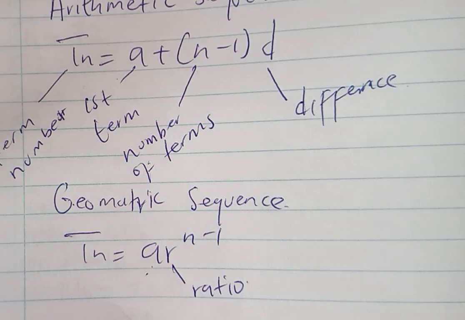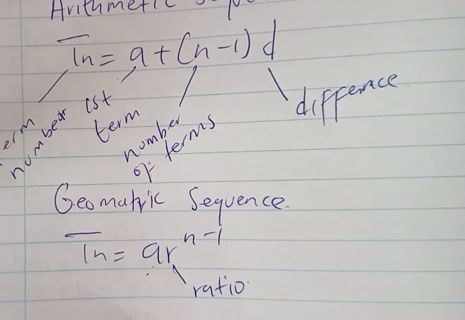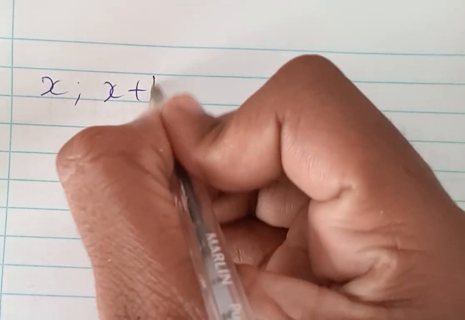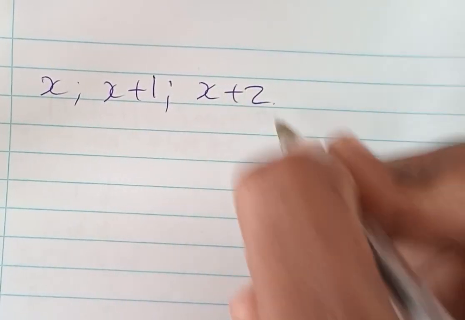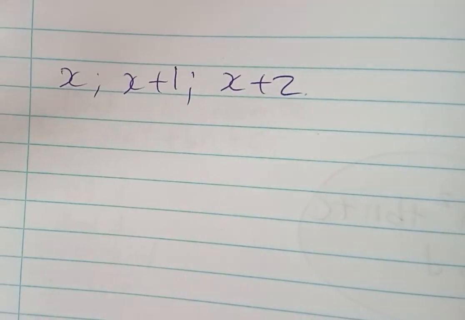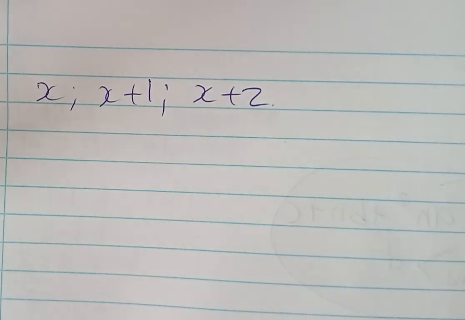So when they ask you a question and they say which term, always when you are given that question, you should know that you have to calculate for n, for the value of n. And before I go to series, one thing you should know is if they use letters, for example, x plus 1, x plus 2, and you have to find these terms, always find the unknown first.